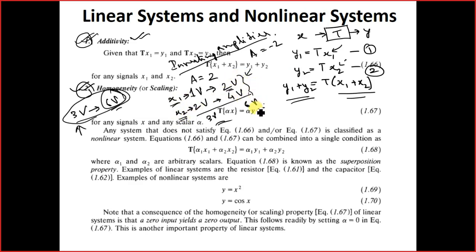If we add up these values, it should be equal to the output when we give x1 plus x2 as the input. The outputs of both should be equal. Am I clear? Yes, sir. Okay, so this is the additivity rule.